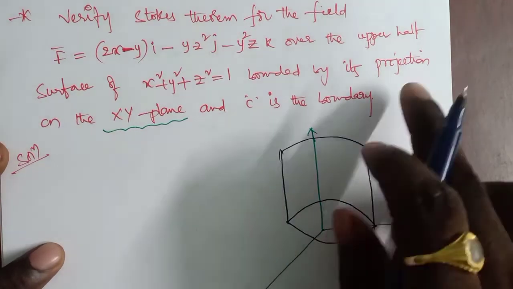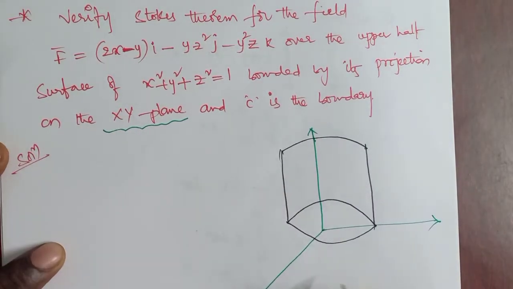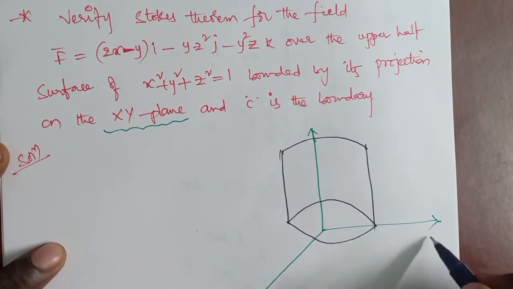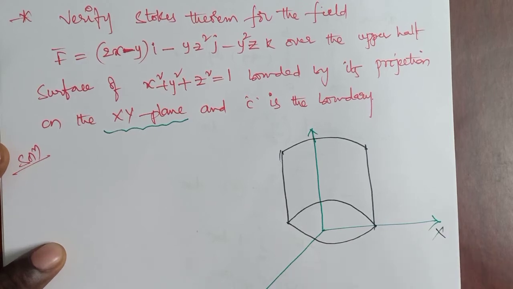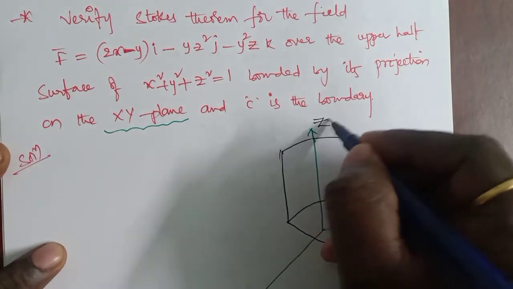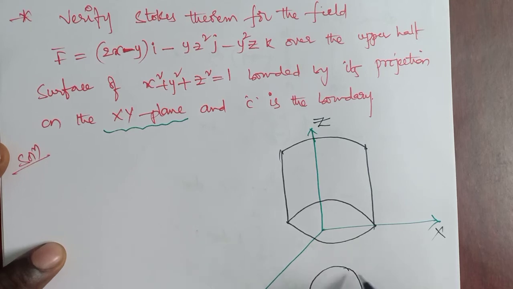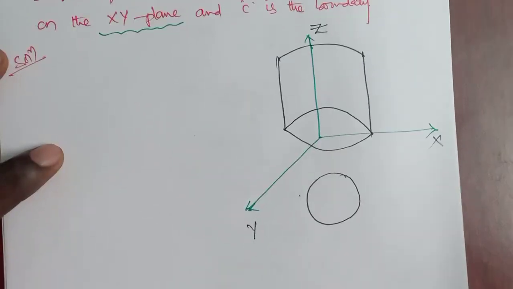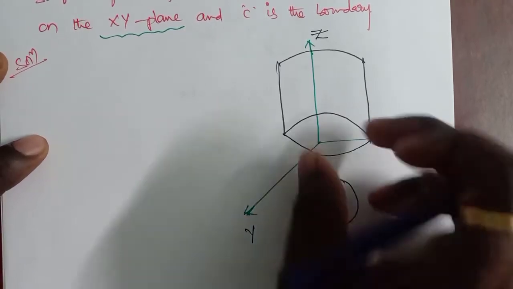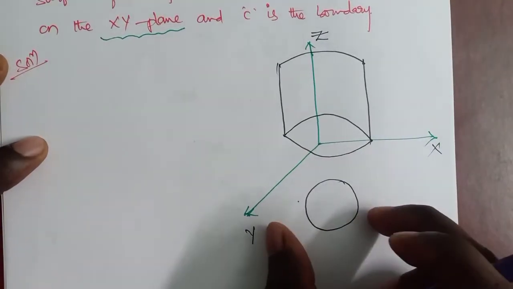So clearly the projection on the xy plane, since it is the xy plane and z, what we get if we project on the xy plane, look at the circle. If you project on the xy plane, we will get a circle like this.